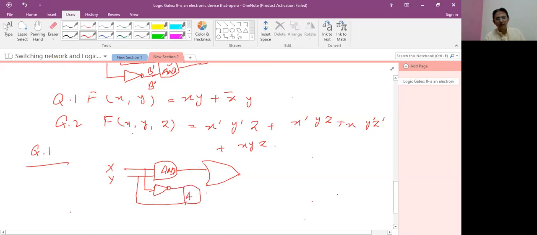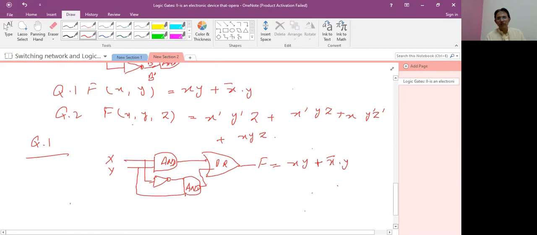It means X complement into Y, and then we connect an OR gate. So the output is F equal to XY plus X complement into Y.